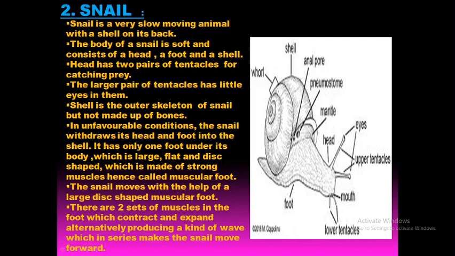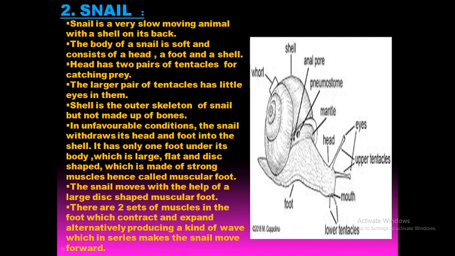You can try this simple thing: whenever you see a snail moving on the grass, if you put some obstacle in front of it, or touch it slowly and mildly with a twig or stick, with no intention to hurt it, you will see the snail gradually withdraw its structures which are outside. So from here we can understand the snail is using the outer covering as a means of protection.